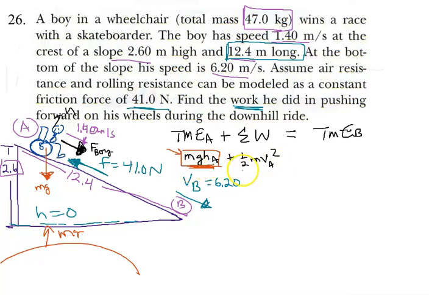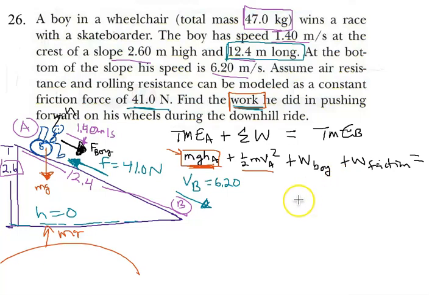So he has MGH. He is moving. The normal doesn't do any work. That's perpendicular to the velocity, not a force. And we want the work that he did. So I'm not going to say F D cosine theta. I'm going to say work done by the boy plus work done by friction. Oh my goodness, I'm running out. I keep drawing the picture and then running out of space.